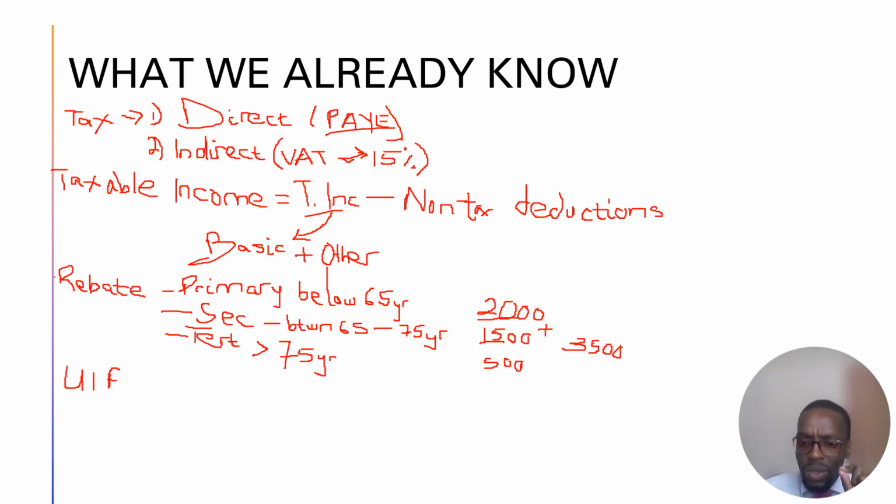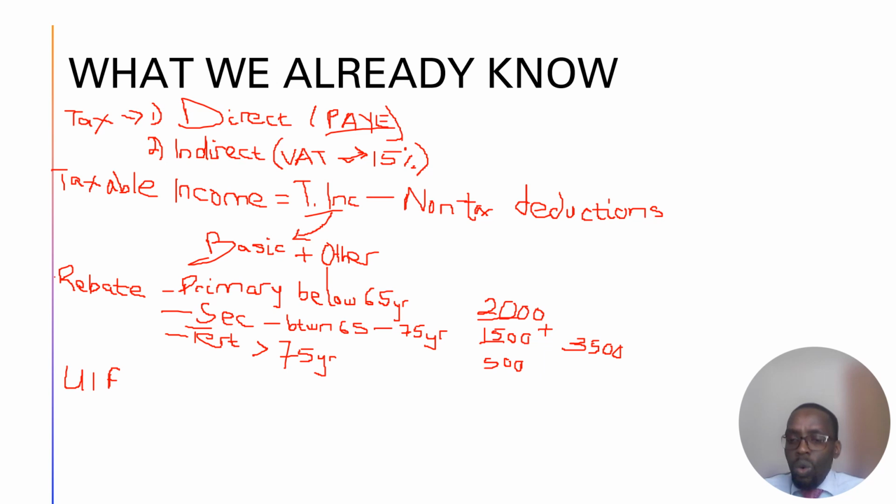So this is what you need to understand. Sometimes in exams, the examiner can ask you to calculate the UIF contribution by the employee. If it is the UIF contribution by the employee, or the UIF that is supposed to appear on the pay slip, it means it's done from the angle of the employee, because the pay slip is a salary advice. It's advising from the angle of the employee.